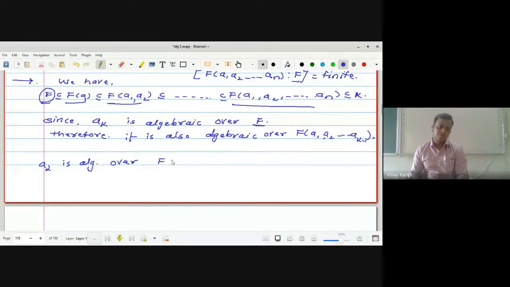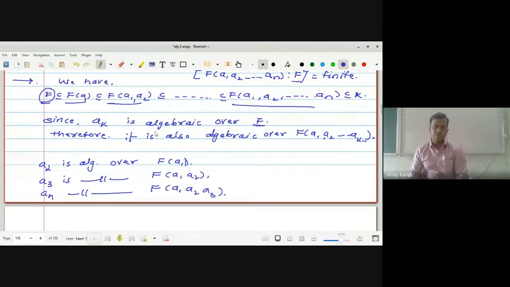A3 is algebraic over F of A1, A2, the previous field. Then A4 is algebraic over F of A1, A2 and A3. Similarly, here AK is algebraic over F. It means that it is also algebraic over F of A1, A2 up to so on AK minus 1. Any doubt?